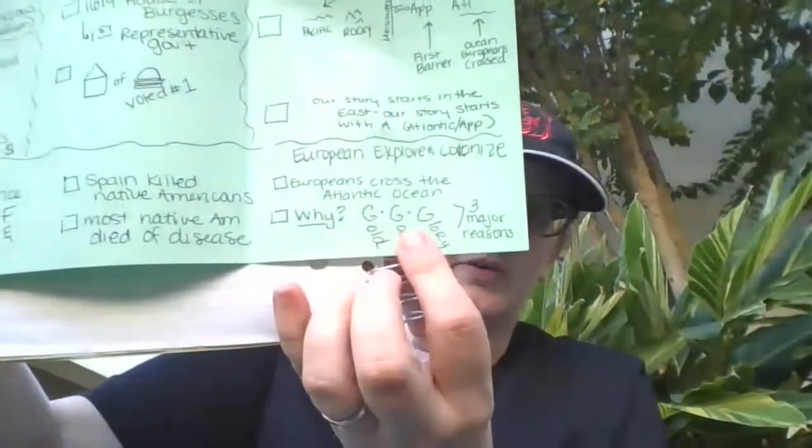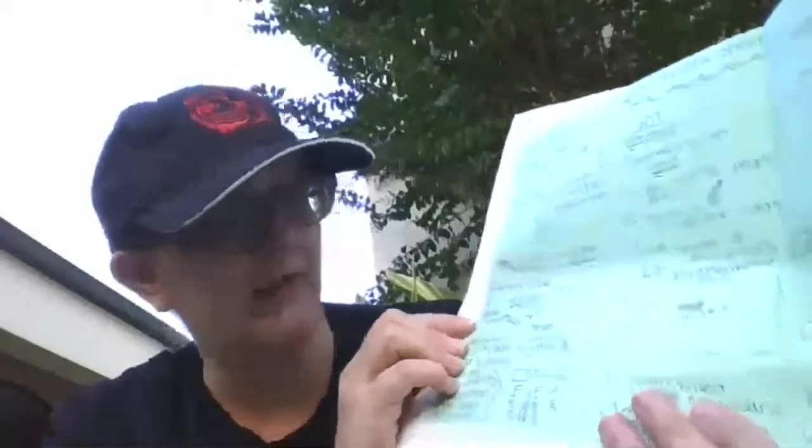The Geographic Features, European Exploration and Colonization: Glory, God and Gold. France, Friends, Fur. Those are all things about colonization. And Triangle Trade. Right here, we've got triangle trade going on.